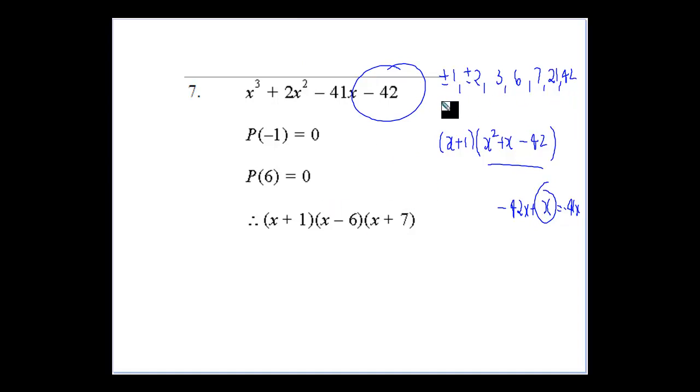And you see with this one, minus 42, that's a lot of factors to test. So I probably tried 1, didn't work, tried minus 1, okay, then I was able to start getting through to x plus 1, and then that must be x minus 42x. What's it going to be in the middle to give me the minus 41?